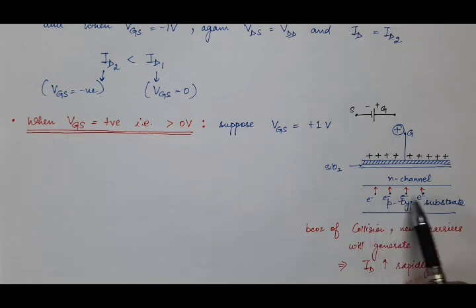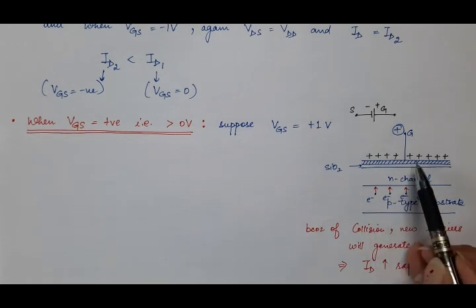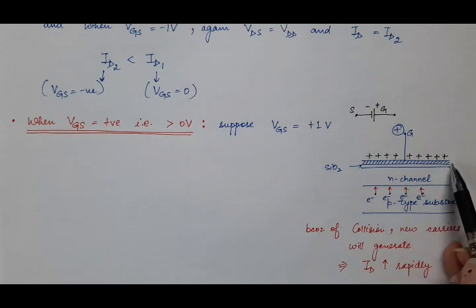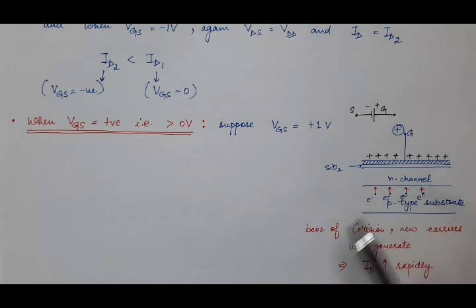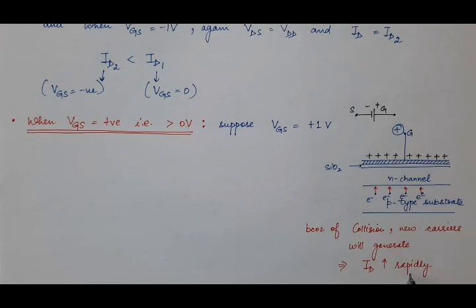On their way to the surface of this p-type substrate, these electrons will collide, and on collision new charge carriers will be generated. Because of this, drain current in this case increases rapidly.